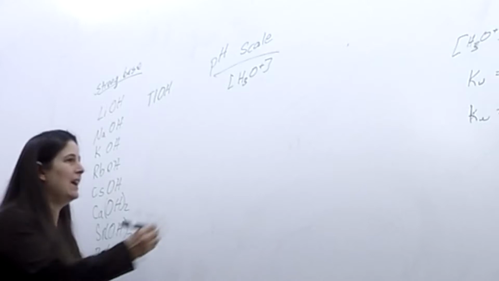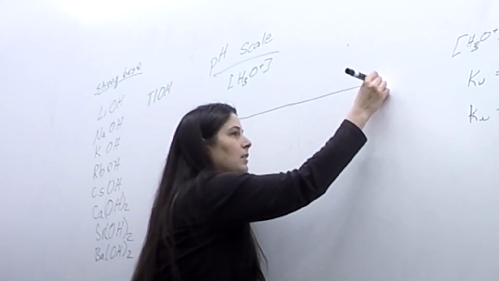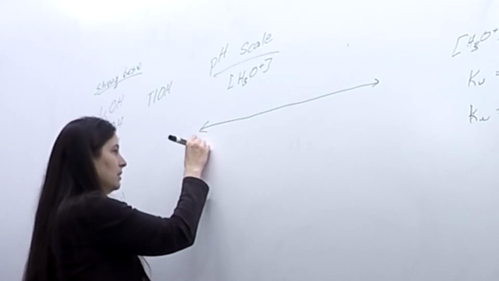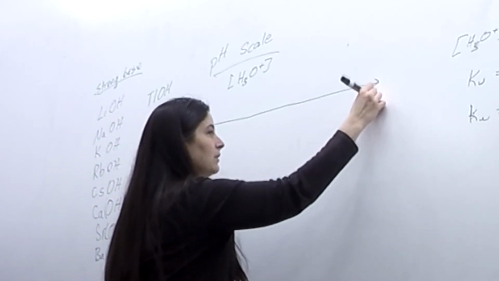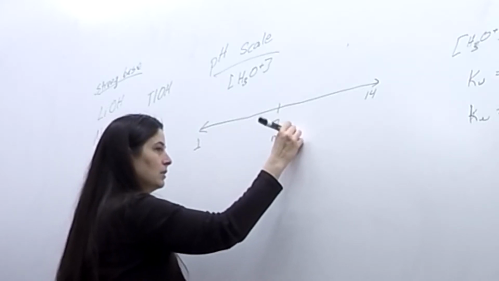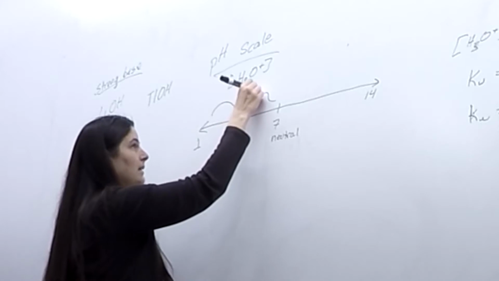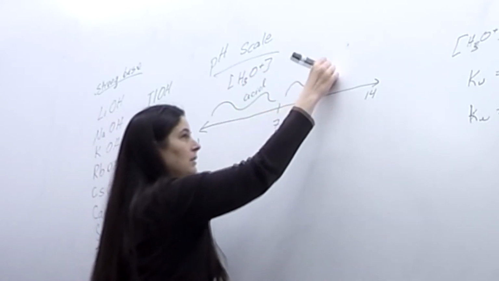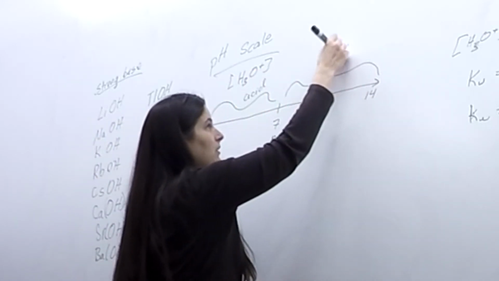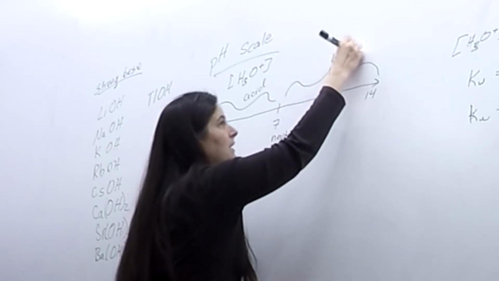So when you're using the pH scale, you want to know how acidic that solution is. But you might say, with the pH scale, it goes from 1 to 14, 7 is neutral, 1 to 7 is an acid, and 7, or a little above 7 to 14 is a base.